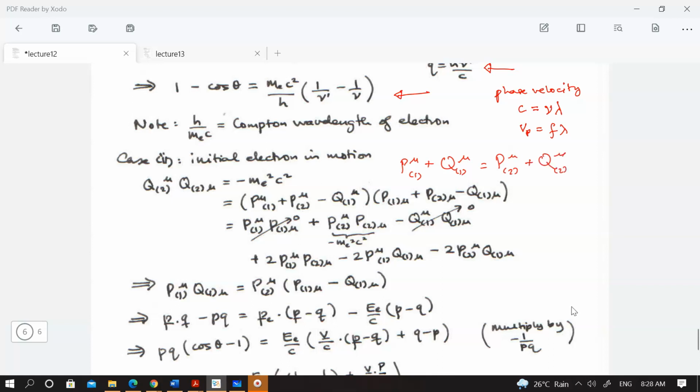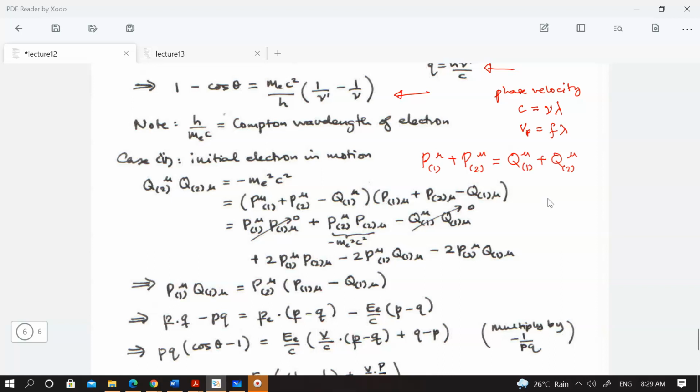Now one cannot assume. Oh, I got this wrong, sorry. So this should be P1 mu plus P2 mu equals Q1 mu plus Q2 mu.